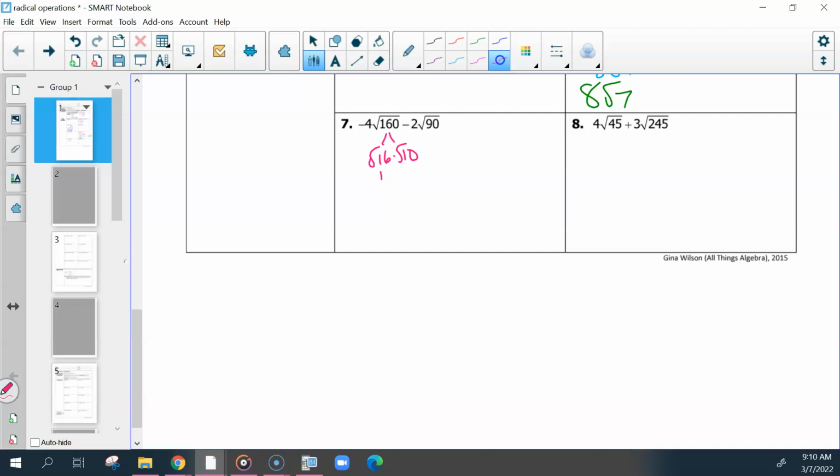The square root of 16 is 4. And then the highest perfect square we can divide out of 90. 9 and 10, yeah.